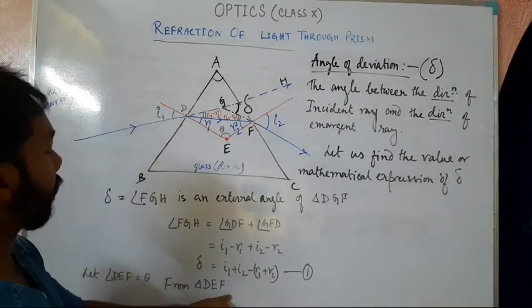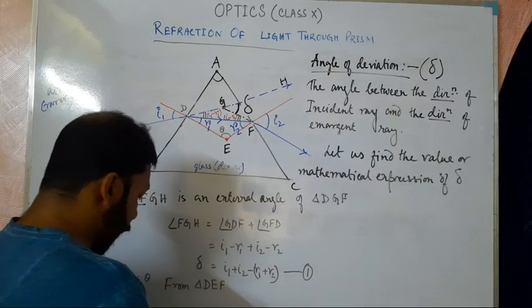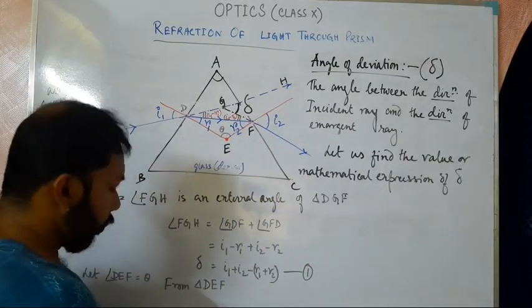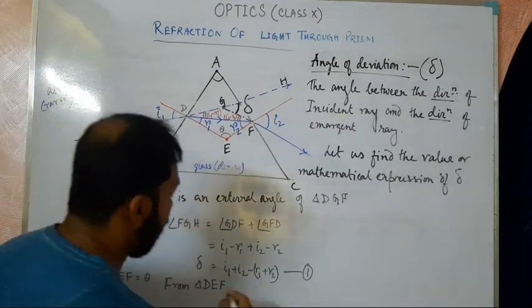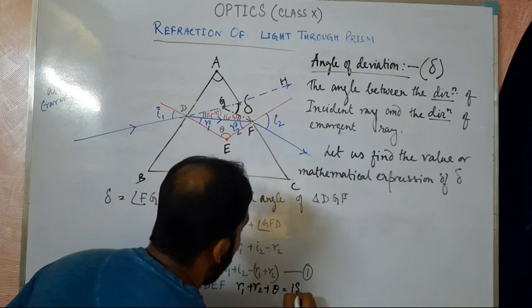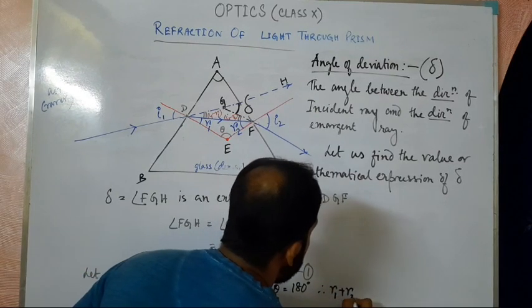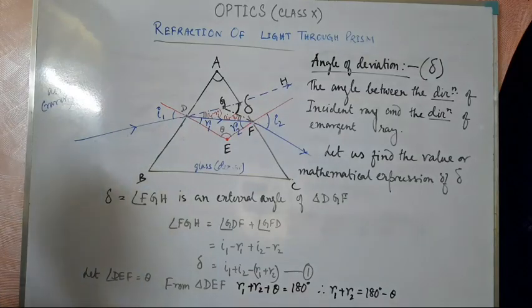So from triangle DEF, we can write R1 plus R2 plus theta equals 180 degrees. Therefore, R1 plus R2 equals 180 degrees minus theta. Okay?